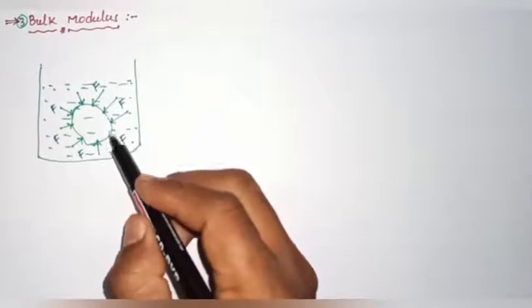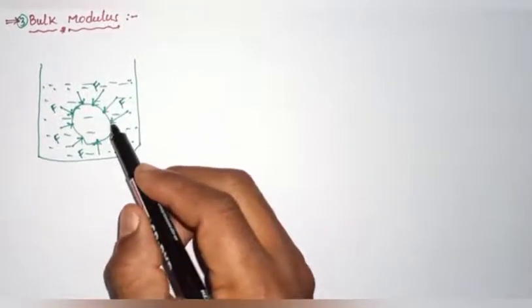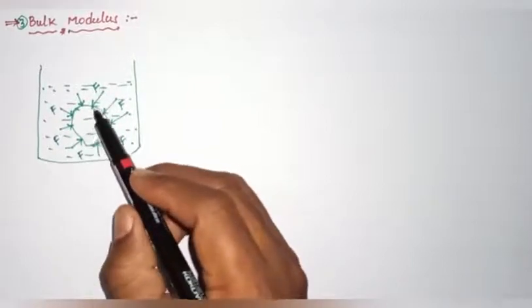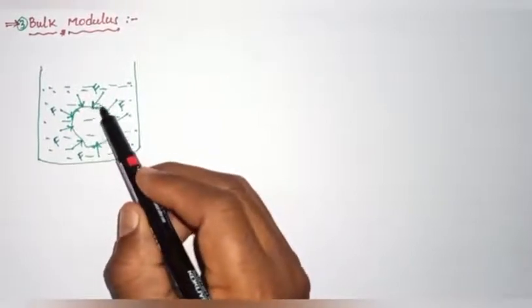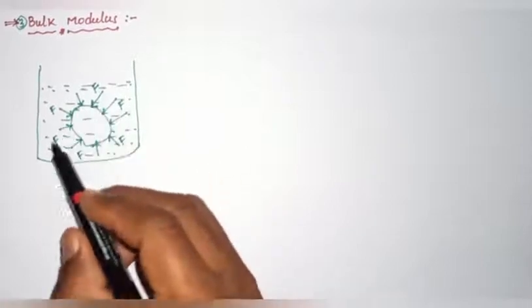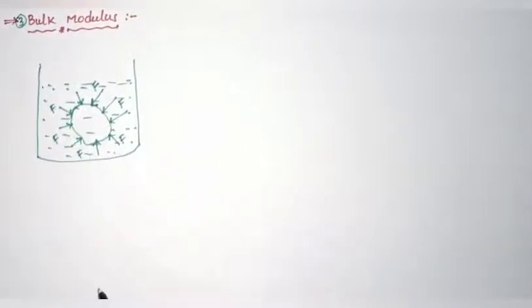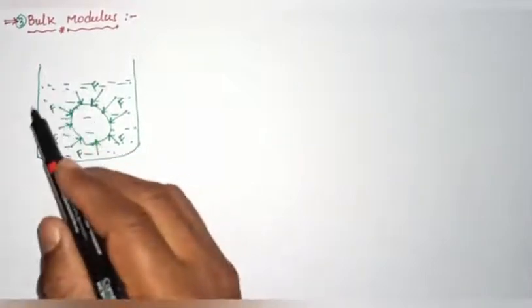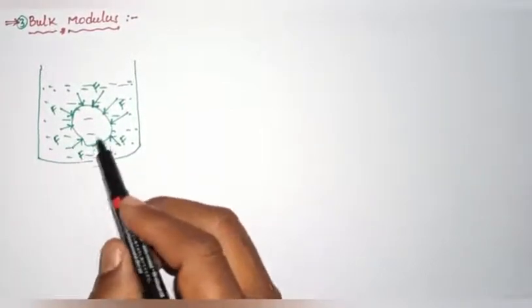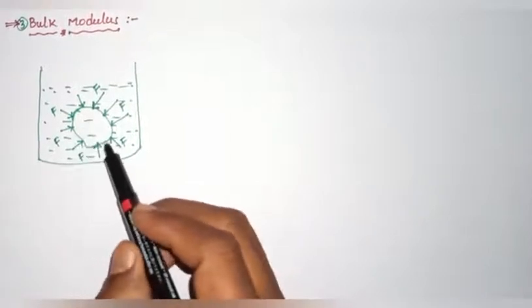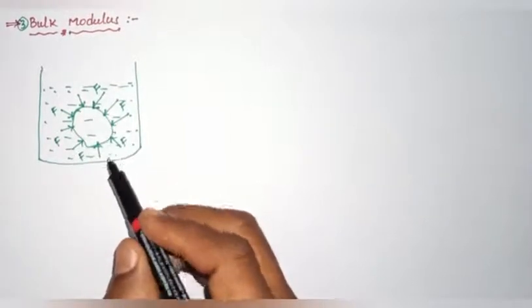What happens? The volume is decreased. When the volume is decreased, the shape cannot change, but the volume is decreased. Such a type of stress is called hydraulic stress, and such a type of strain is called volume strain.